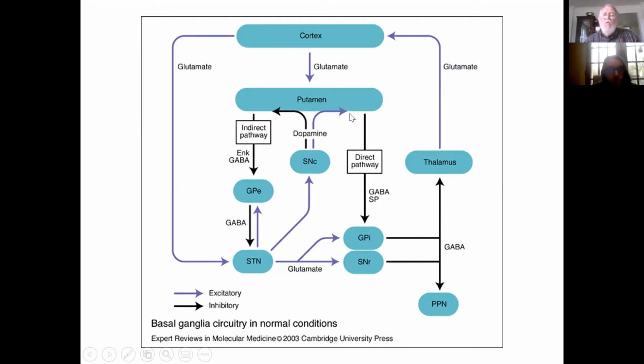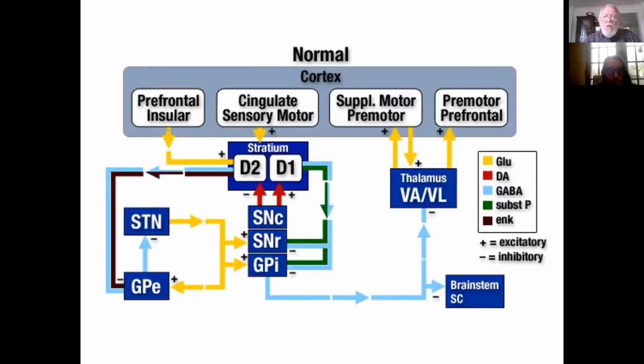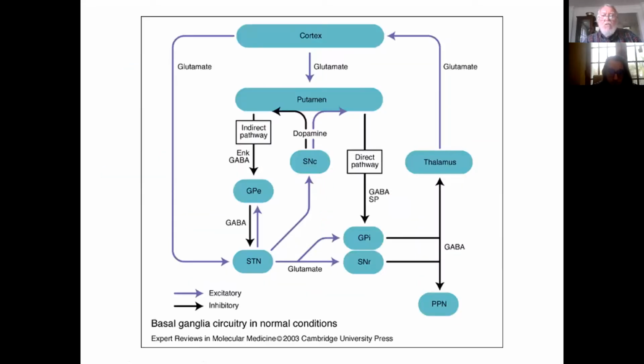And the two different forms of dopamine input can either be excitatory or inhibitory. And that's what we're going to be looking at. So now how can you make dopamine input excitatory or inhibitory if you have the same molecule? It's how they interact with receptor superfamilies.